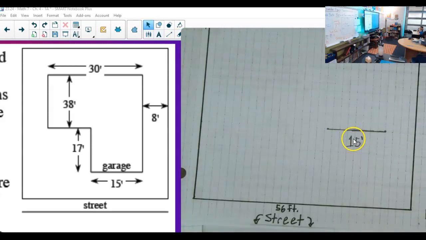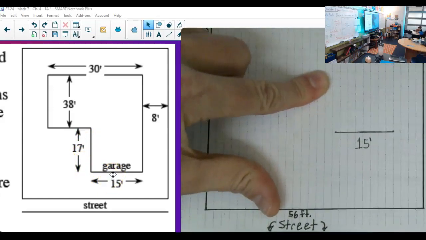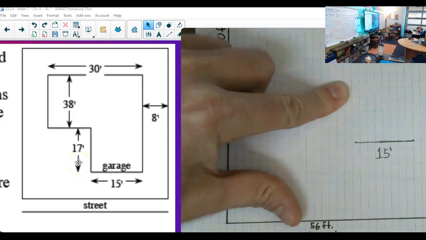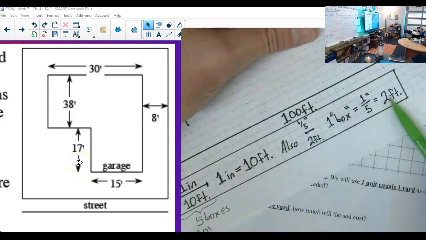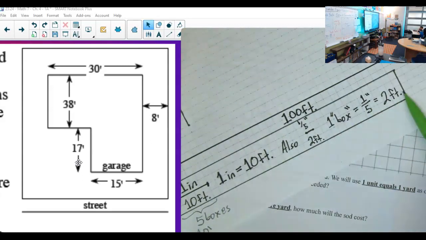So guys, the garage, 17, that feels even worse than 15. We're going to go 17 feet back here. How many boxes will that be? No, don't just guess. Guys, what's the relationship from boxes to feet? It's 1 to 2.